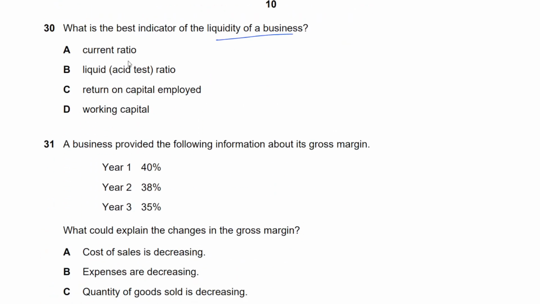30. What is the best indicator of liquidity of a business? Again, a repeated question from the previous one. The best indicator of liquidity, well, these two are not liquidity ratios. Well, D is related to liquidity, so working capital is current assets minus current liabilities, but it's not the best indicator for liquidity because it does not really take any ratios into account.